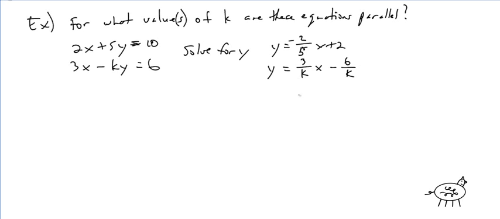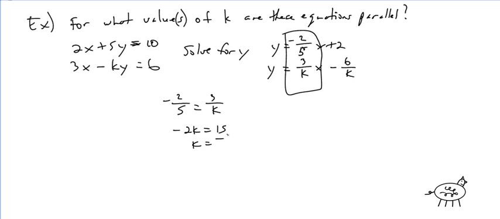Okay, so really the only thing I'm concerned about right here is just the slopes. I'm just going to set them equal to each other because they're parallel. So negative 2/5 equals 3 over k. Cross multiply, you get negative 2k equals 15, so k is equal to negative 15 halves.